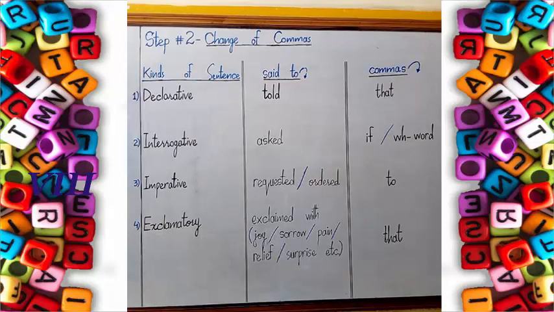If there is an interrogative sentence, you change said to into asked and commas into either if or a WH word. If you have an imperative sentence in reported speech, you change said to into requested or ordered and you change commas into to. If you have an exclamatory sentence, you change said to into exclaimed with joy, sorrow, pain, relief, etc. and you change commas into that.